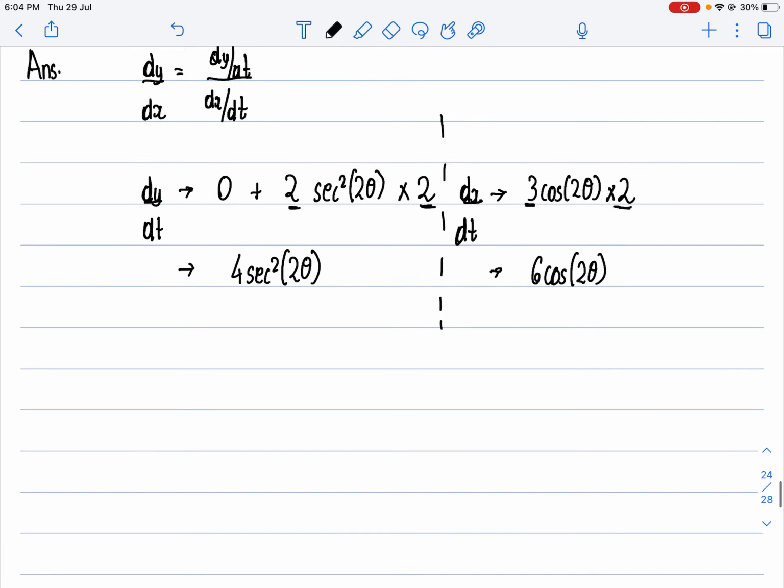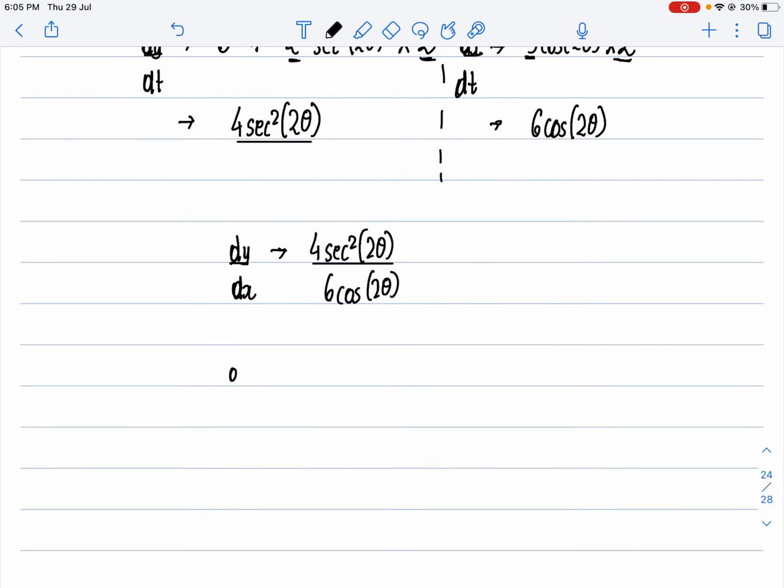So now I can write my dy by dx basically as dy by dt, which is 4 sec square 2 theta, divided by dx by dt, which is 6 cos 2 theta. Correct? Now I can write this as dy by dx, which is equal to, I know sec square 2 theta can be written as 1 over cos square 2 theta.